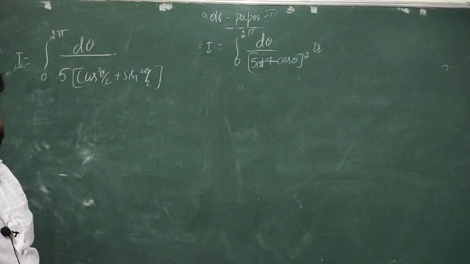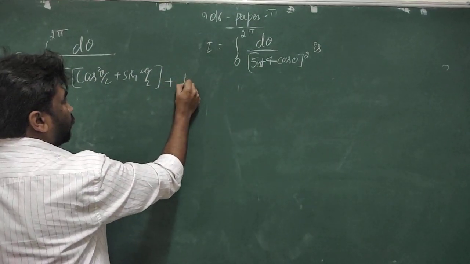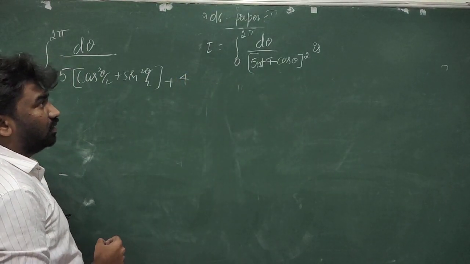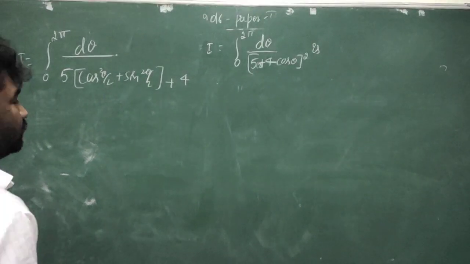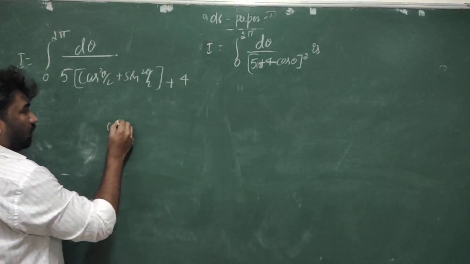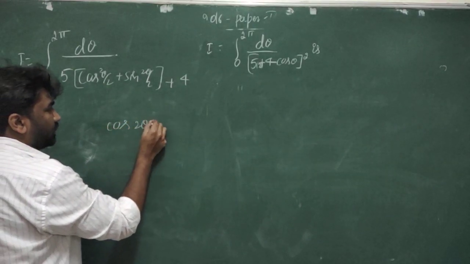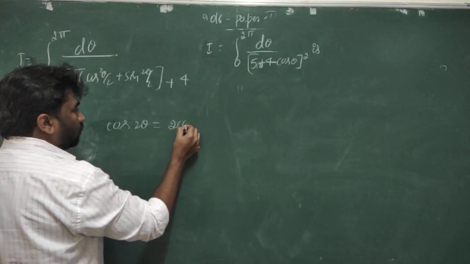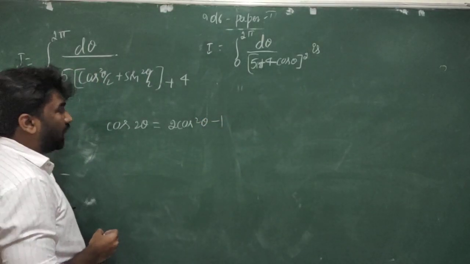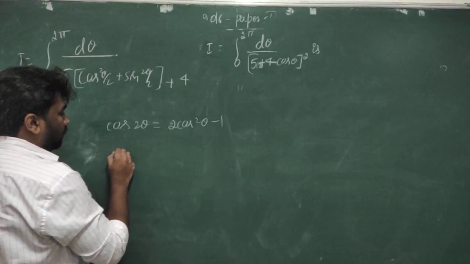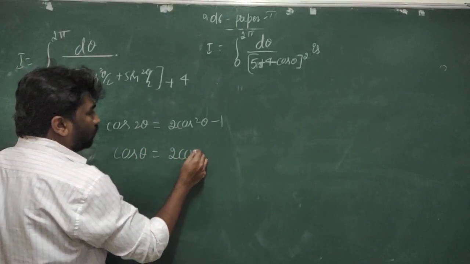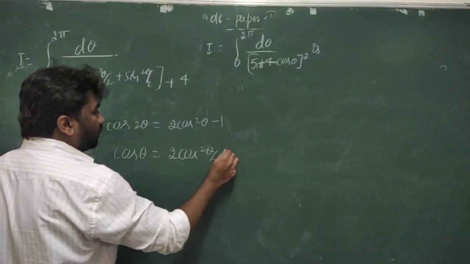We know that cos 2 theta is equal to 2 cos square theta minus 1, so cos theta is equal to 2 cos square theta by 2 minus 1.